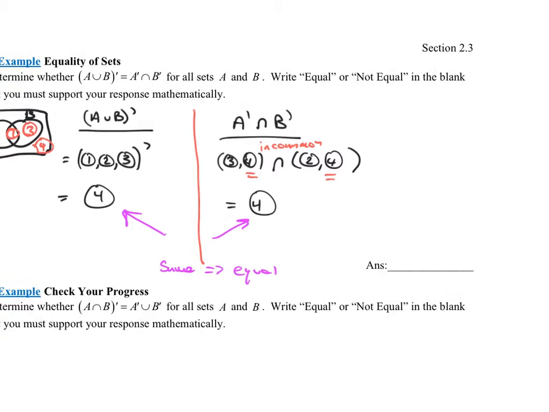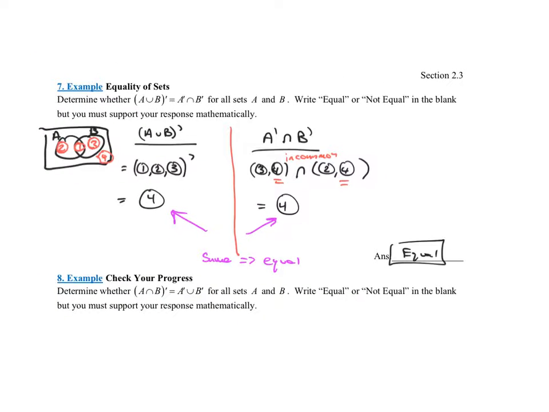If we got region 4 for the first and region 4 for the second one, nothing else, exactly the same, those two things are equal. If on the left we got region 3 and on the right we got region 4, those two things would not be equal. They're equal if and only if you're talking about the same regions of the Venn diagram.